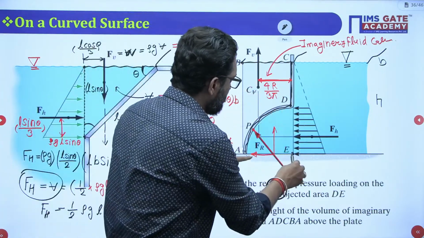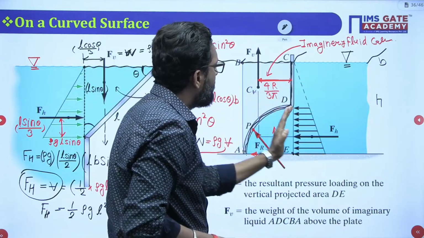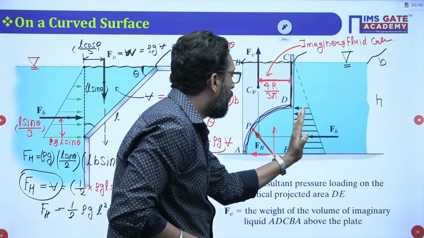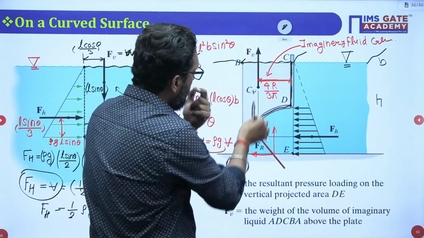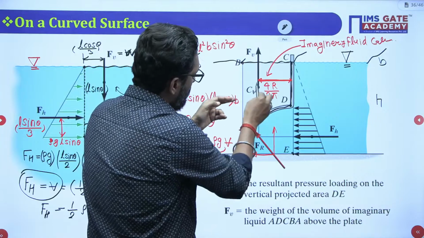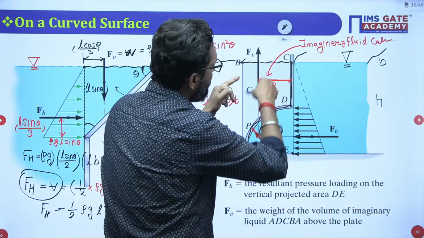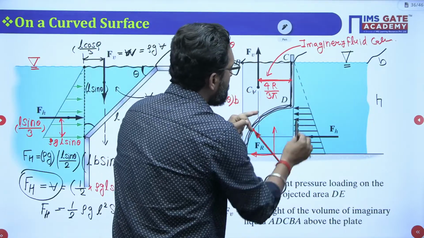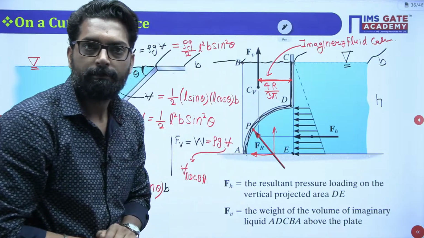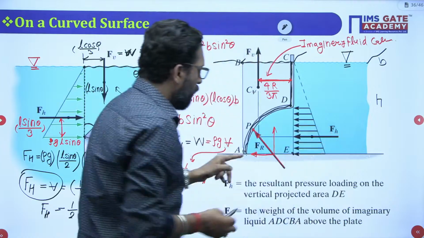What is r? This is r. So it will pass 4r by 3 pi from the base to the left side. This vertical force will pass through the CG of this imaginary fluid, 4r by 3 pi from the base. Clear?